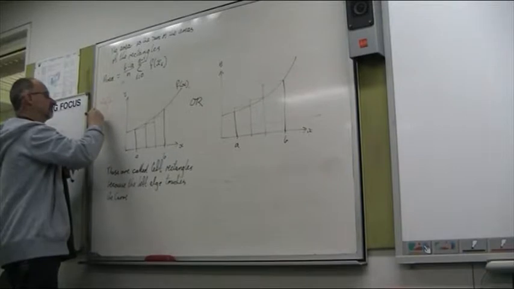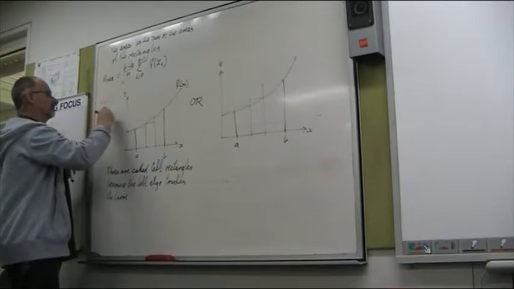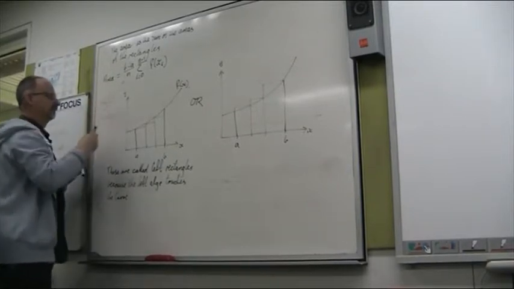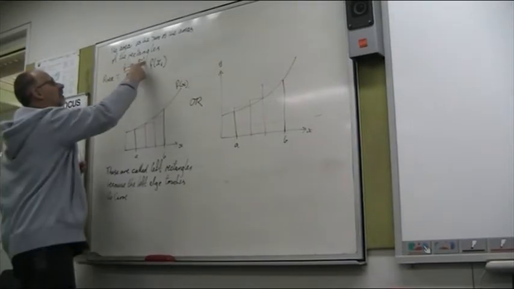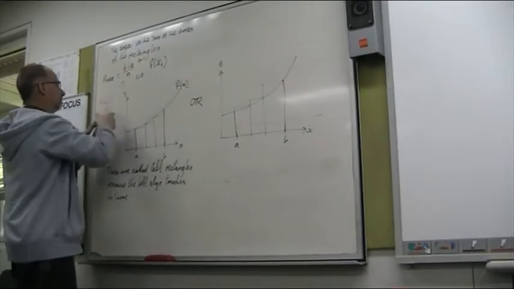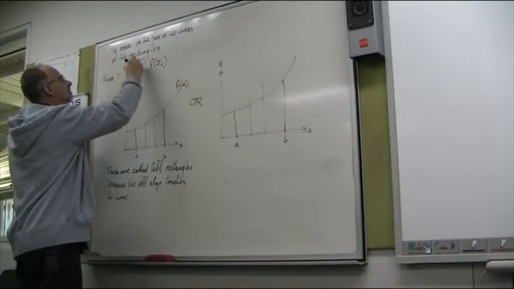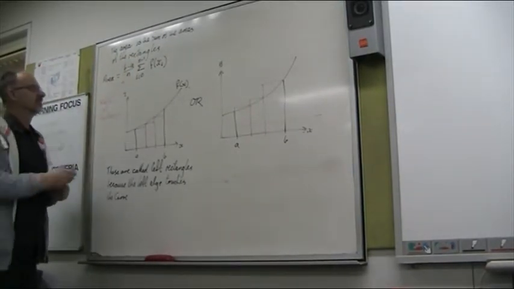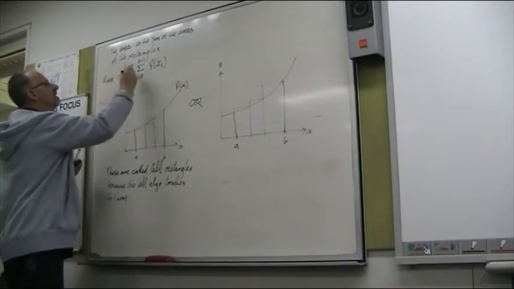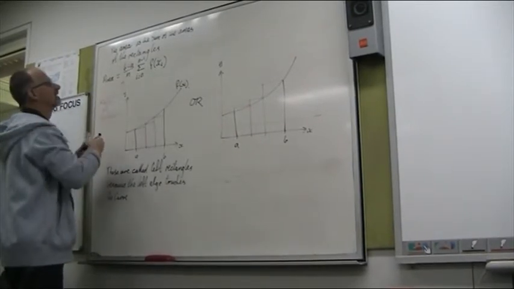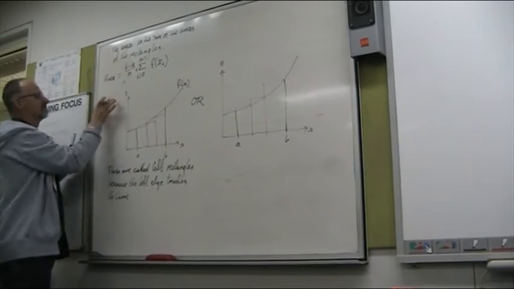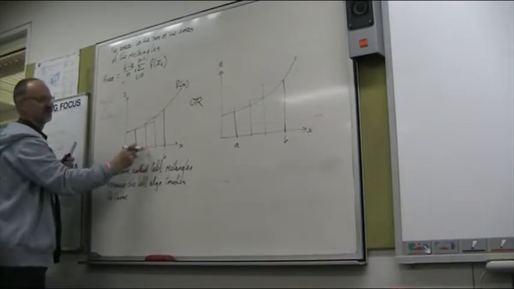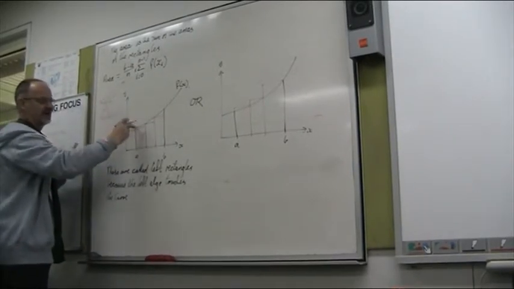This symbol is sigma. It means something. This is times what's in here. So this is the width. So if we want to know the area of that, it's going to be length by width.